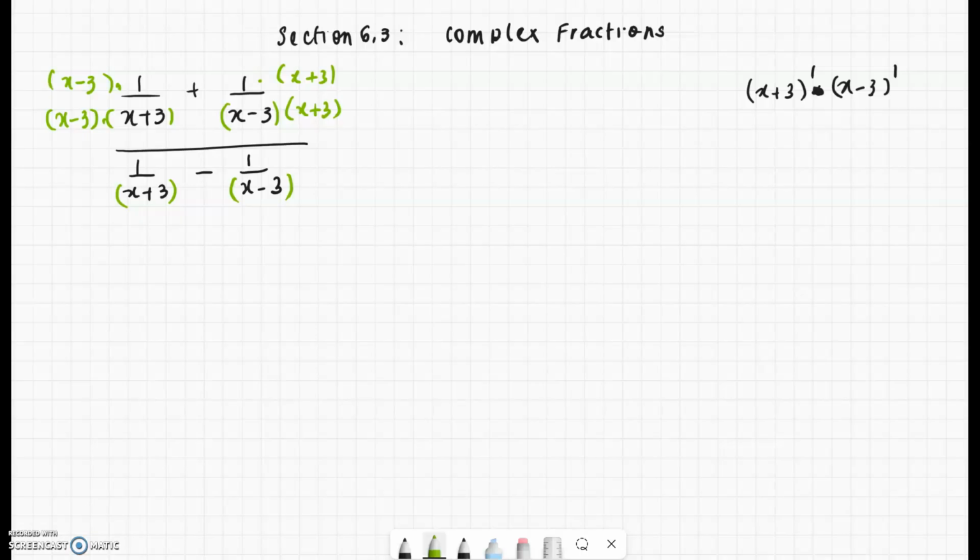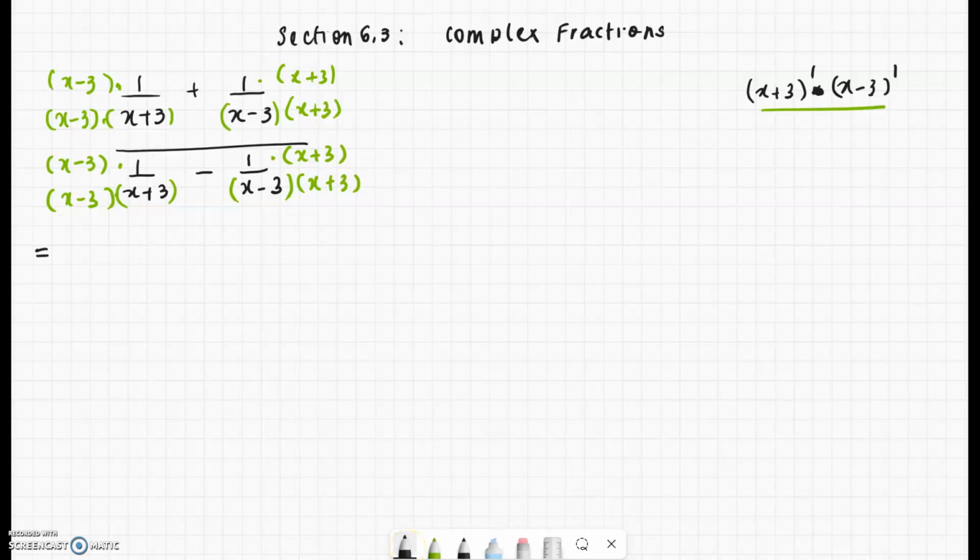We have an x plus 3 and x minus 3, so x plus 3 times x minus 3 is the common denominator, so we go x plus 3, and then of course we have x minus 3 because we want the product to be the common denominator, so the missing factor is x minus 3 in this case, and then multiply the numerator and denominator with an x plus 3.